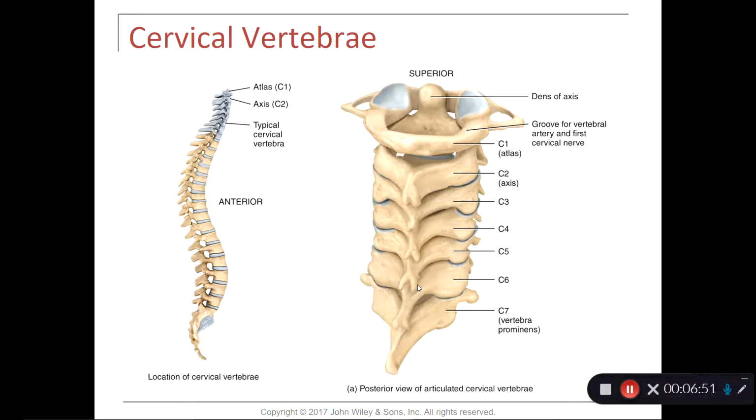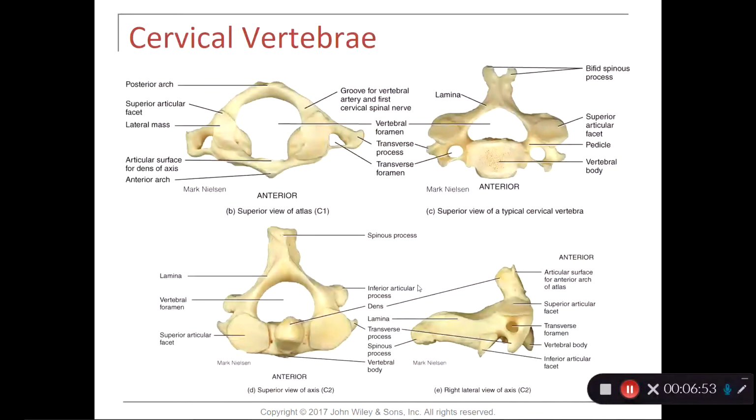Now, let's look at the differences between the C1, C2, and the rest of the vertebrae. Here's C1 in the upper left corner here. C1, you're going to notice it doesn't have that spinous process. Here's a normal one. It has that bifurcated tongue almost type of thing.